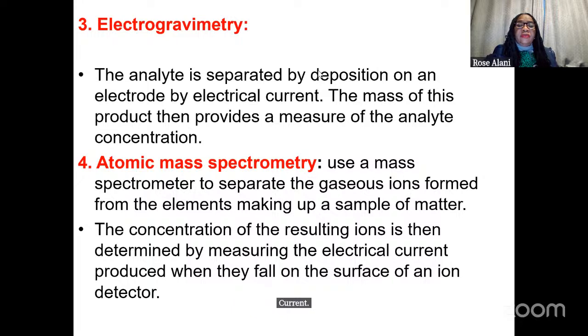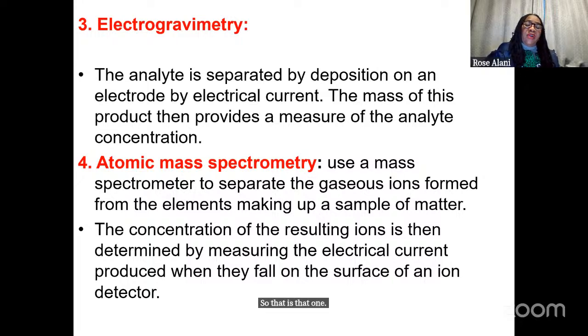And then the mass of this product provides the measure of the analyte concentration. So that is that one.